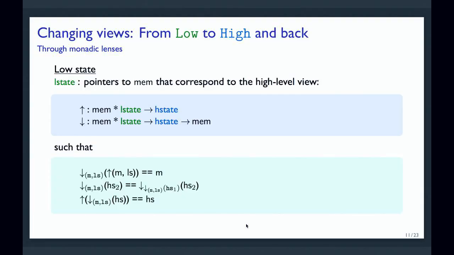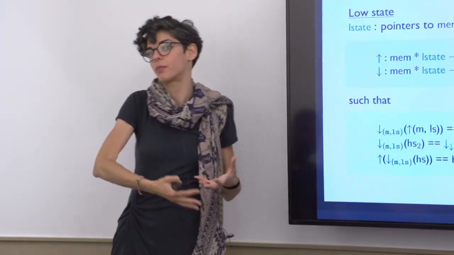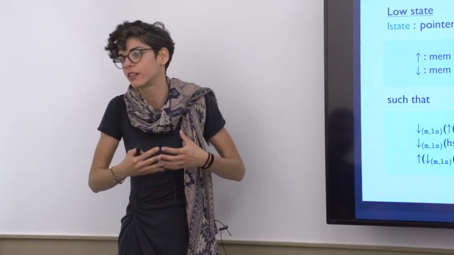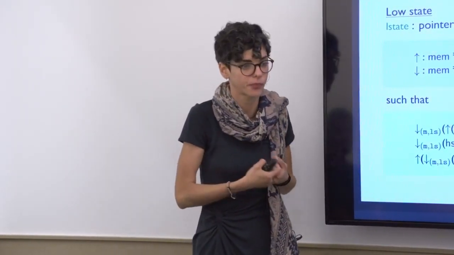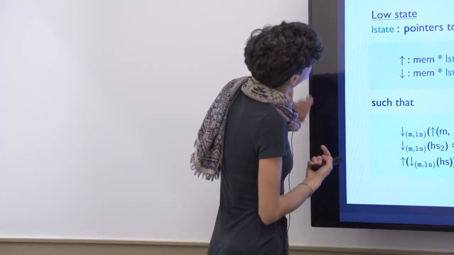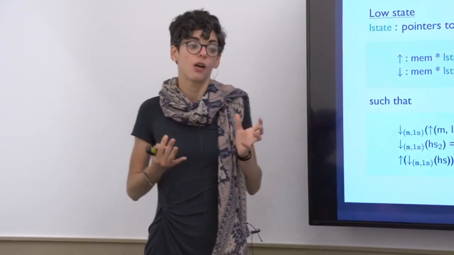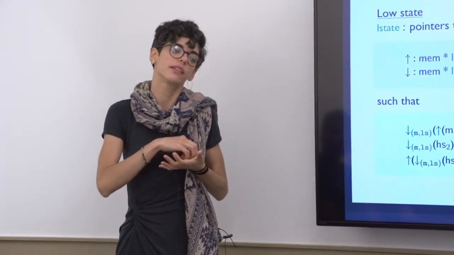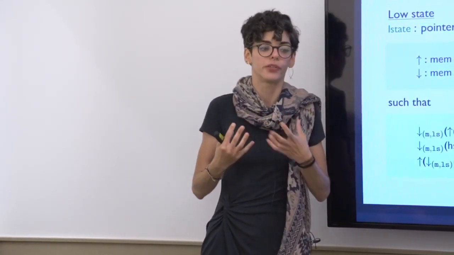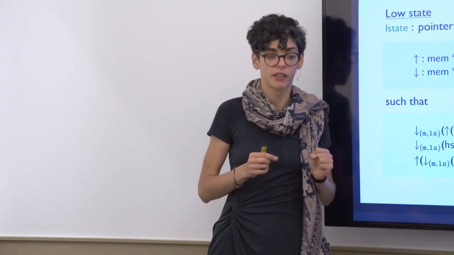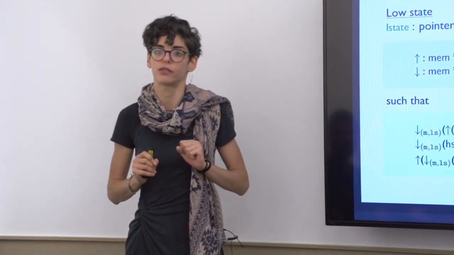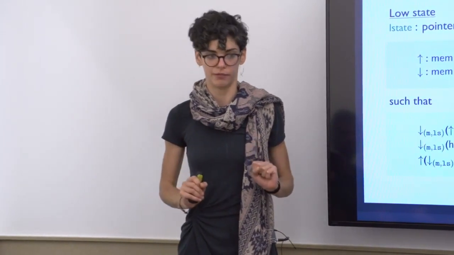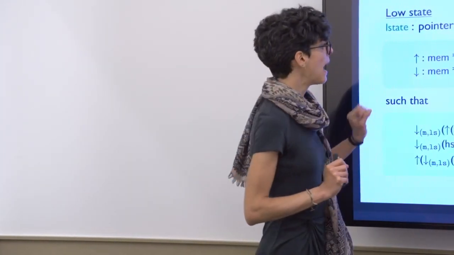Let's now study how we can take high-level programs and map them into low-level programs that operate on the full C memory model. First of all, we need a low state, which we denote L state, and it is the pointers to the C memory that correspond to the high-level view that we are manipulating in our high-level code.